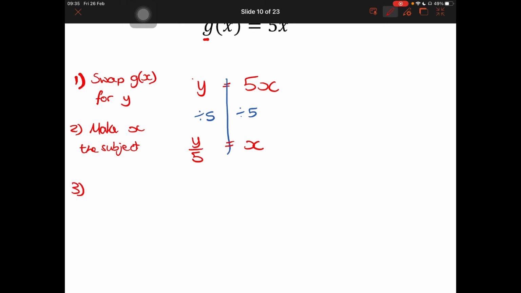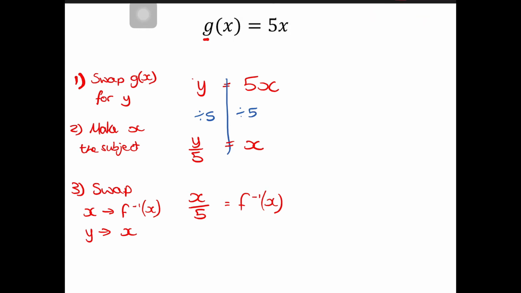Finally, the last part, we need to make a couple of swaps. So we swap x for f to the minus 1 of x. We swap our y for an x. So we'll have x over 5 equals f to the minus 1 of x. And again, we have our inverse function.